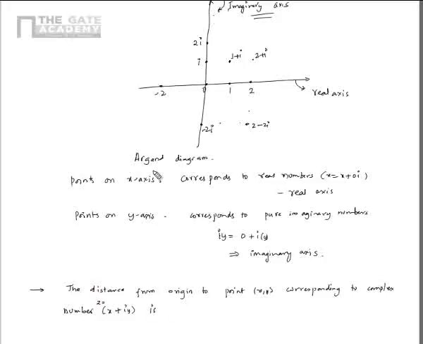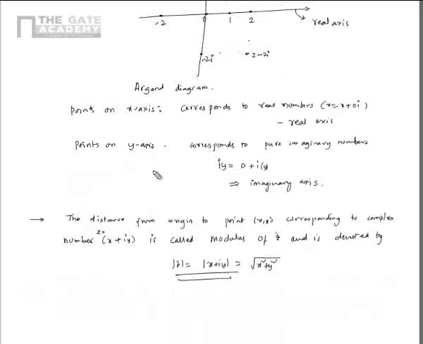This distance from the origin to this point x comma y, which represents the complex number x plus iy, is called the modulus of z and is denoted by mod z, which is nothing but mod x plus iy, and that represents the distance from the origin to the point. So this is how the modulus is defined. It is the distance from the origin to the point x comma y, which represents a complex number. So this is about the modulus definition.